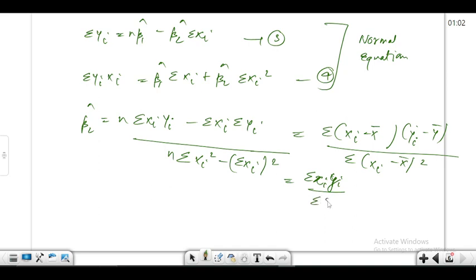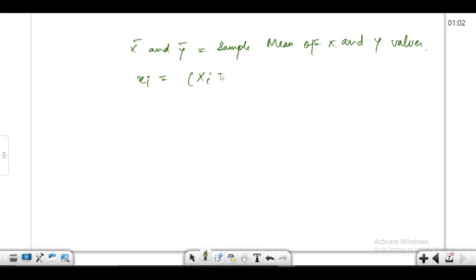Your x bar and y bar in the previous equation are simply your sample means of the x and y values that you have taken from the sample, and small xi is xi minus x bar, and small yi is yi minus y bar.